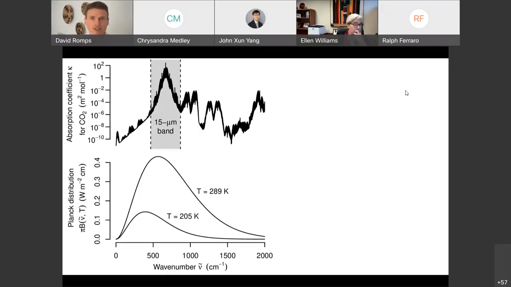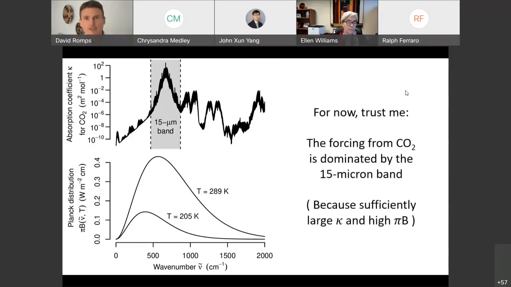So this plot is telling us effectively about the size or the radius of those black spheres, and we see the radii range over orders of magnitude over this range of wave numbers. Now in the bottom panel, what I have plotted is two of the Planck distributions for two different temperatures, representative of a near surface temperature of 289 Kelvin, and a cold point tropopause temperature of 205 Kelvin, just for reference there.